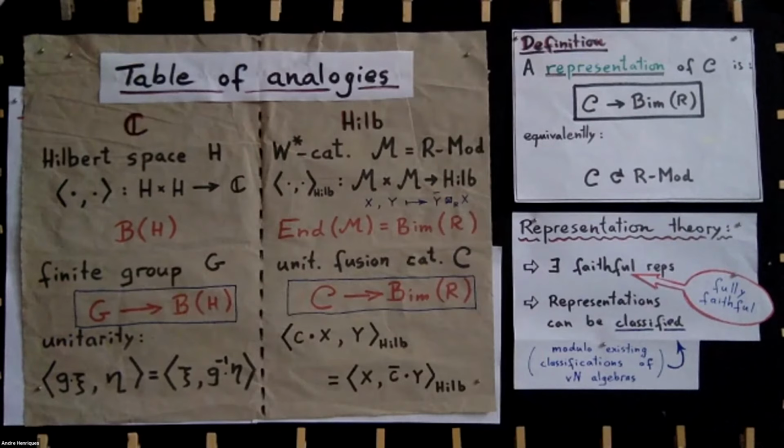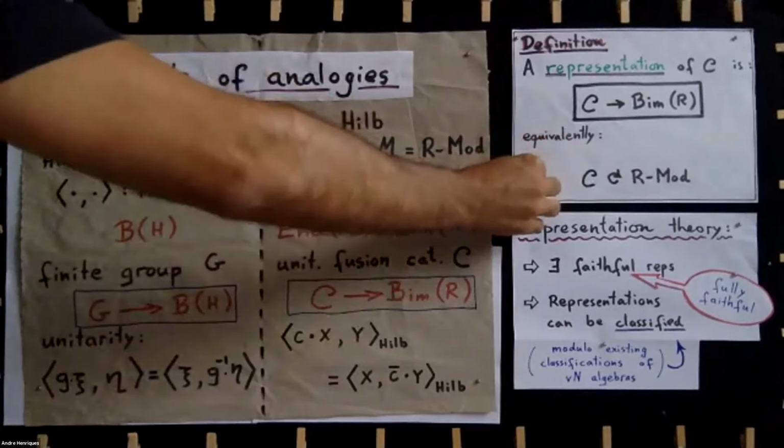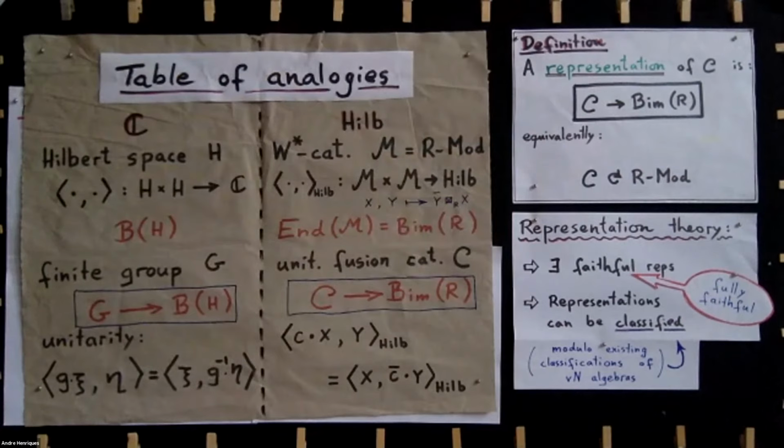However much I can classify von Neumann algebras is going to be an intrinsic limiting factor to how much I can classify these representations, because the representation contains, as part of the data, one of these von Neumann algebras. So let me tell you a little bit about classification of von Neumann algebras.